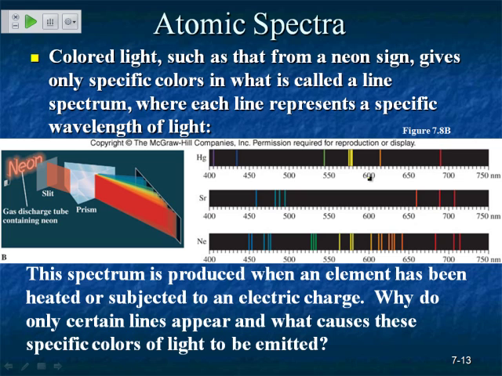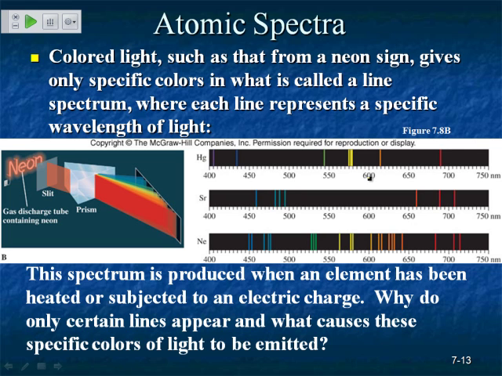But if you take colored light, such as that from a neon sign, and analyze the spectra, you don't get a continuous spectrum, because you would see only lines of colors at specific regions, and we call it a line spectrum. So here is an example of 3 line spectra.